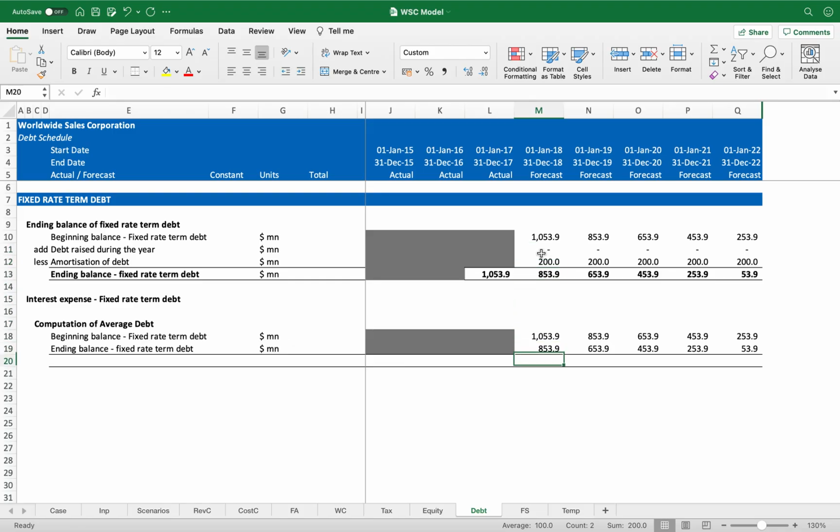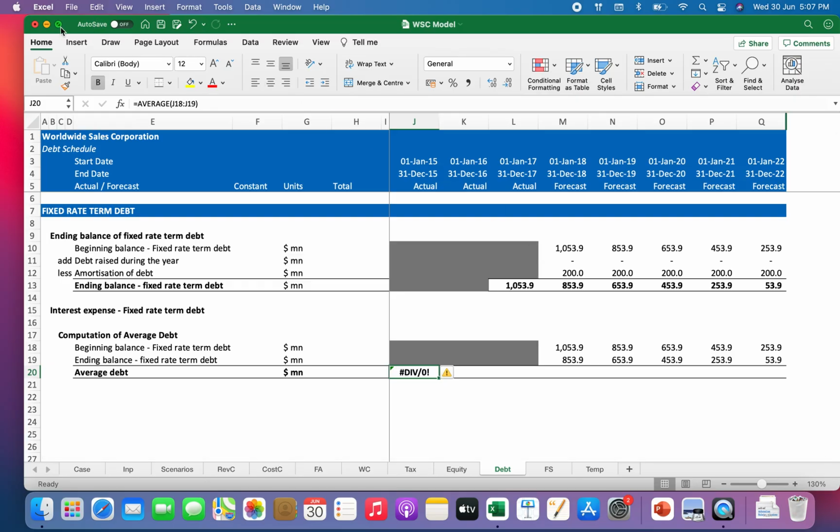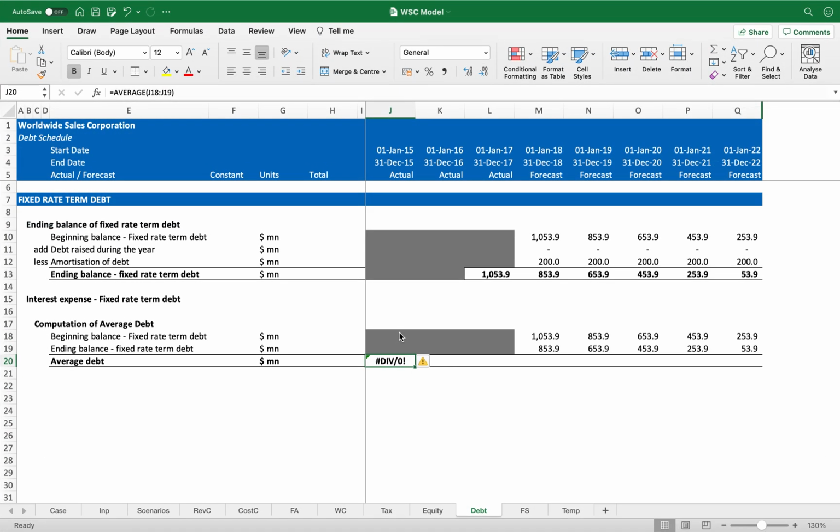All right. So how do you compute the average debt? Simple, average of these two. Of course, why do you get errors? Because there are no values here, right?